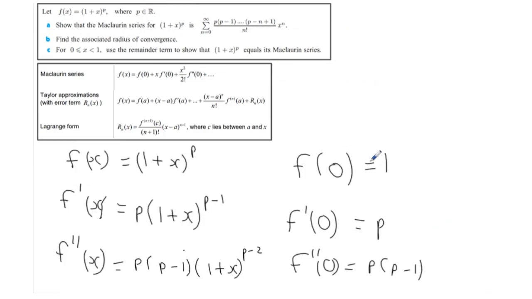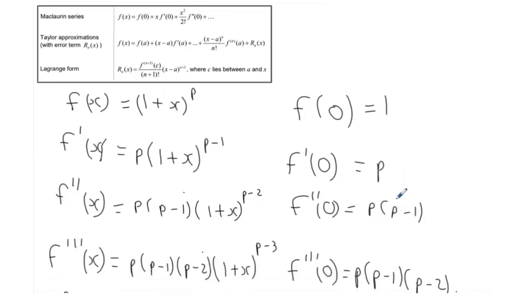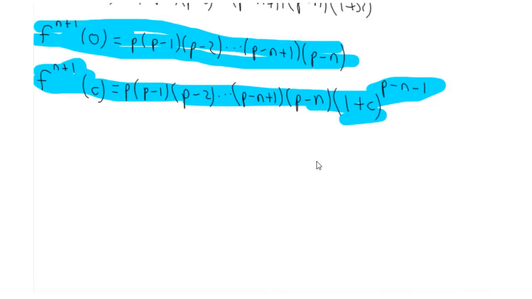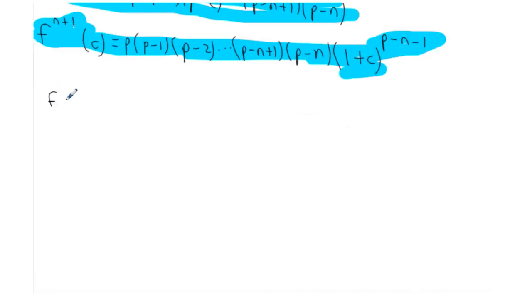So now we can write out a bit of this Maclaurin series. We have all the information. We have f0, we have f dash 0, we have f dash dash 0, and so on. So now f of x equals f0, which is 1, plus f dash 0 x, which is px, plus f dash dash 0 times x squared over 2 factorial, which is p minus 1 times x squared over 2 factorial, plus dot, dot, dot.